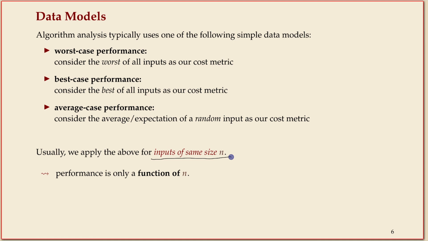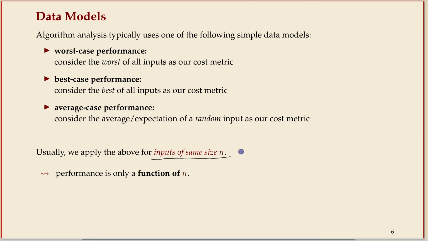If you're sorting, it's the number of elements. If it's a graph, it might be the number of vertices and edges. Some things like this. If it's a matrix, maybe it's the number of entries in the matrix. Sometimes the number of non-zero entries. So this depends on the algorithmic problem, but it's usually relatively intuitive.